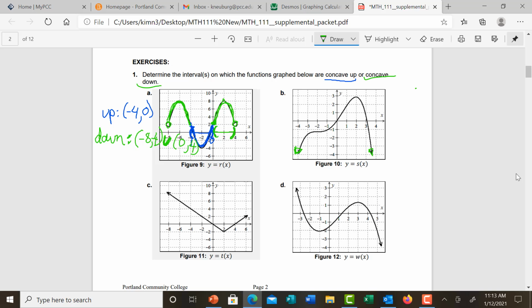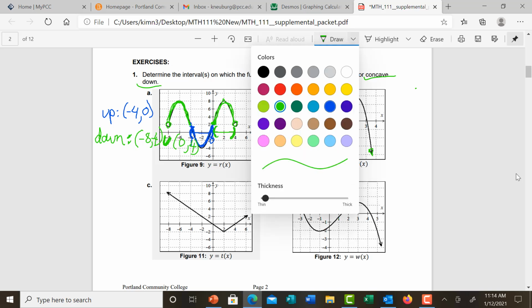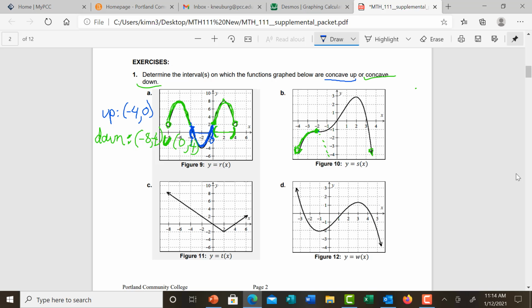On this second one, there's actually a half a bowl. Notice that this, if I were to continue it on, would be concave down. You'd have a cereal bowl dumping the cereal out, but it stops right here. And then after that, it continues on in a shape to about here that would be concave up.